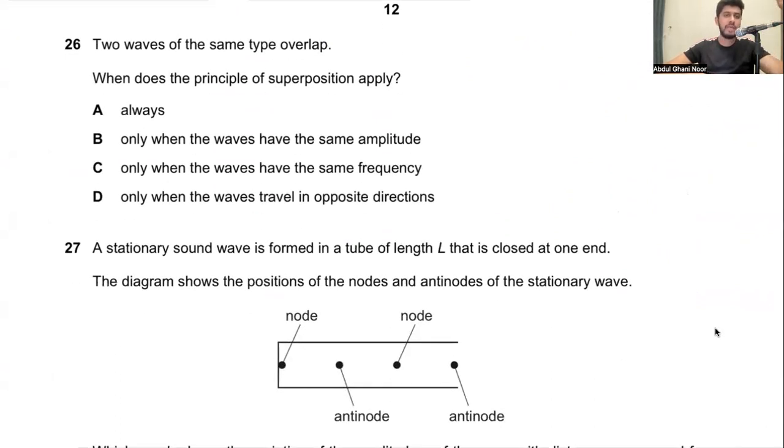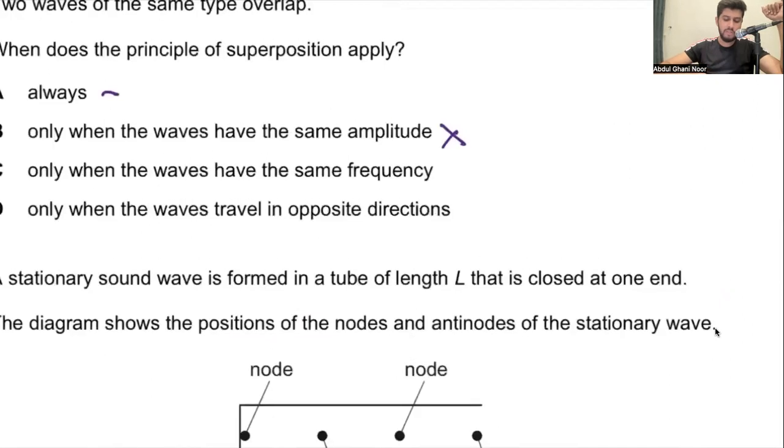Two waves of the same type overlap, when does the principle of superposition apply? Always. Let's see. Only when the waves have the same amplitude. No, even if they don't have the same amplitude, there'll still be superposition. You'll still get a resultant wave. Only when they have the same frequency.